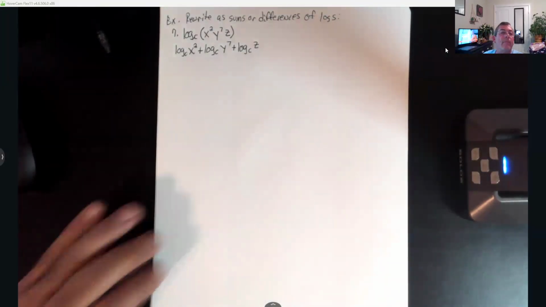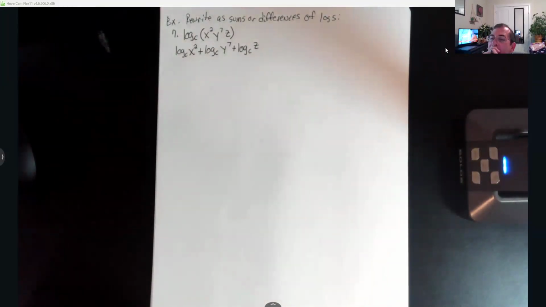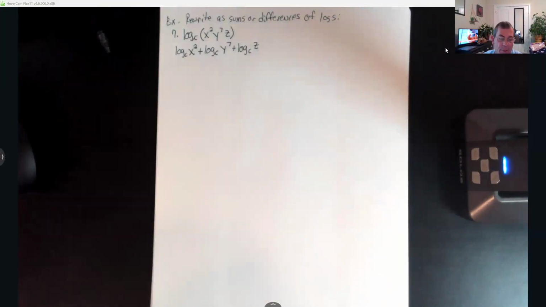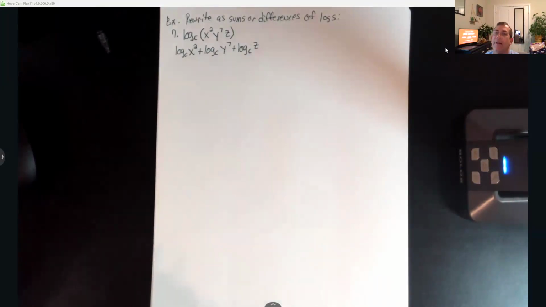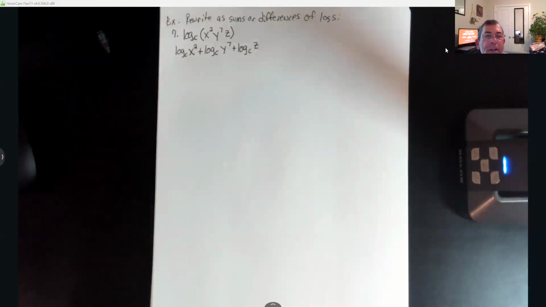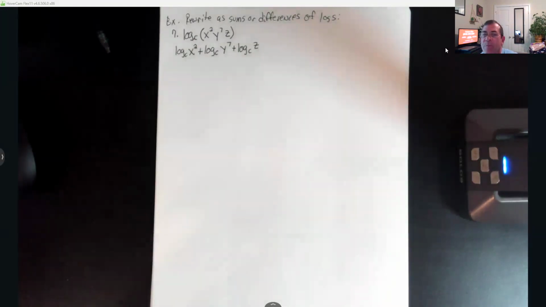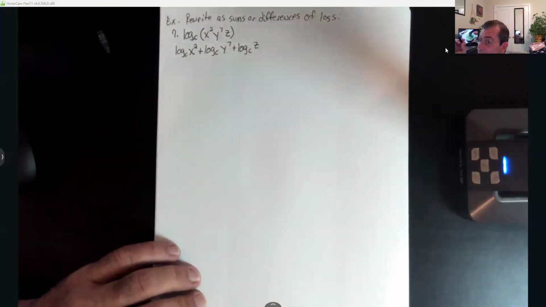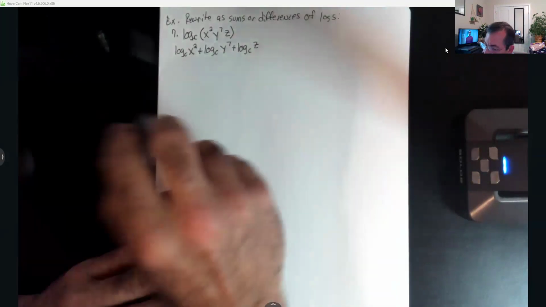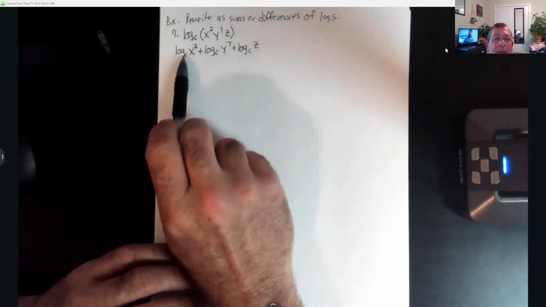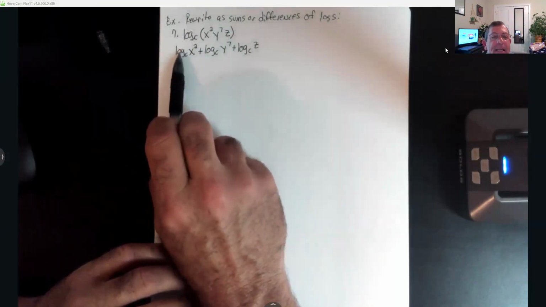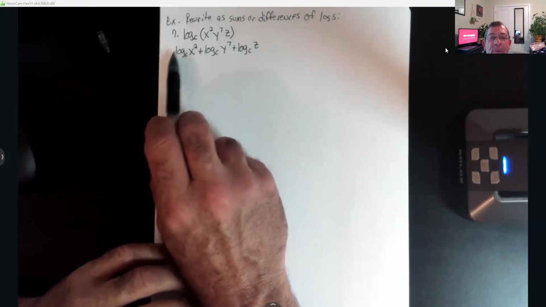Now, y'all, let me tell you one more thing. There is one more thing I got to do to this to get it simplified 100%. And y'all, let me remind y'all, we got a power rule out there. So if we got exponents after our logs like this, we got to rewrite each of these sections as a product of the exponents.